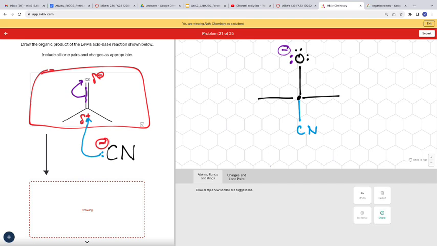Neutral, which means my answer is neutral. Make sense? Carbon started negative. What does this arrow mean? It has lost electrons. So if it starts negative and it loses electrons, it should become neutral. Okay? Because electrons are negative. So we should see that as neutral.